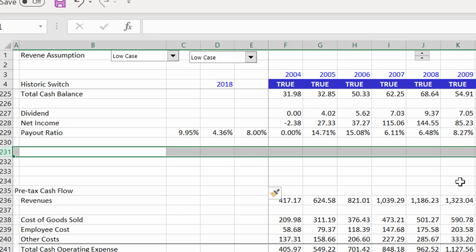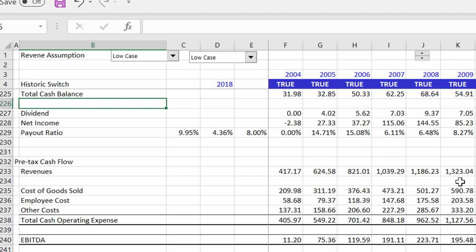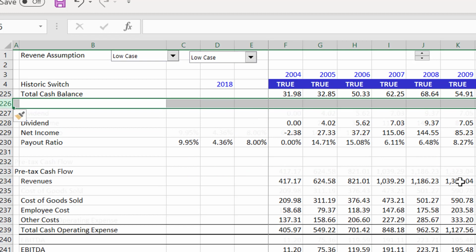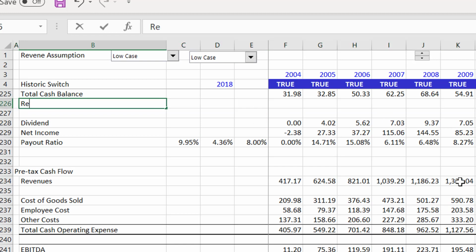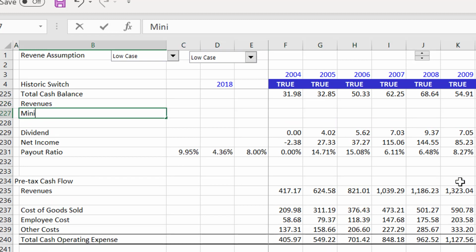Okay, so, excuse me. Let's take this cash balance and compare that to the revenues. And then I'm going to put our minimum cash as percent of revenues.